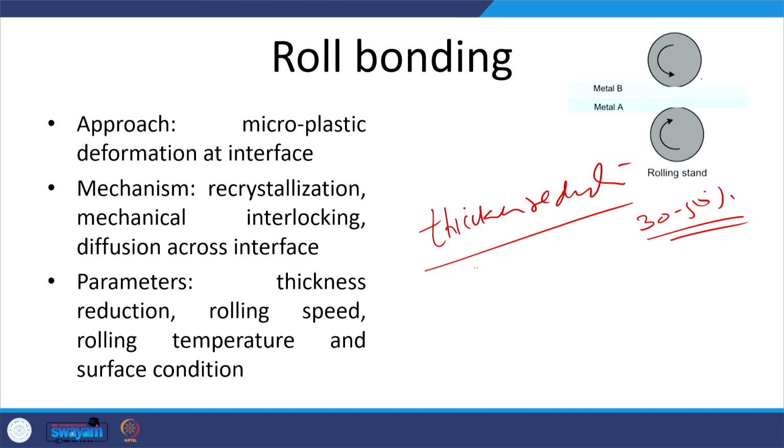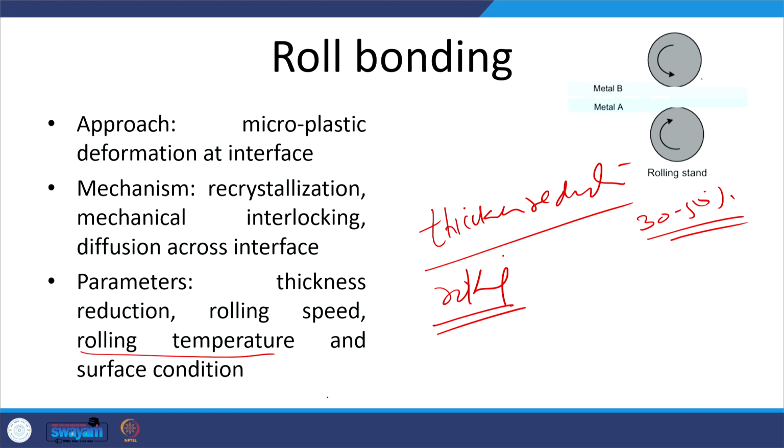Once this thickness reduction is achieved, the bonding between the two sheets across the interface will be extremely good. Rolling speed is another factor because it affects the time for which the two sheets remain under pressure during the rolling, and it also affects the rate of the heat being generated and transferred to the material which is being rolled.